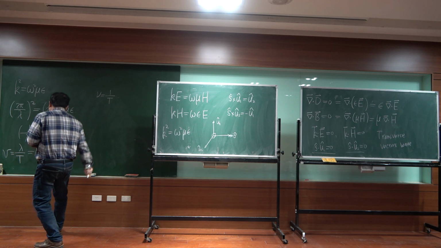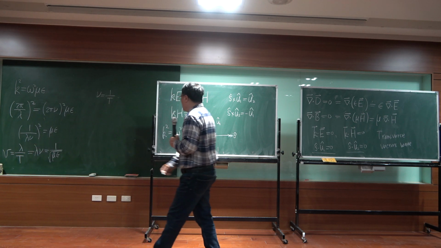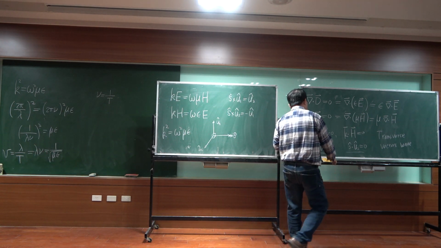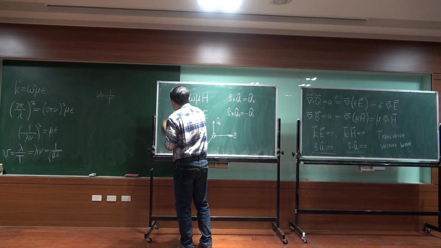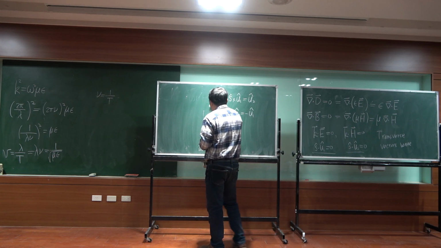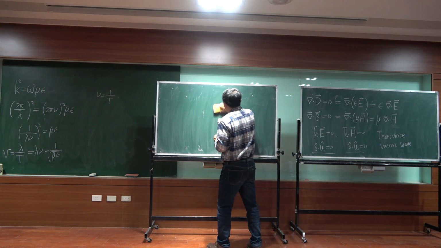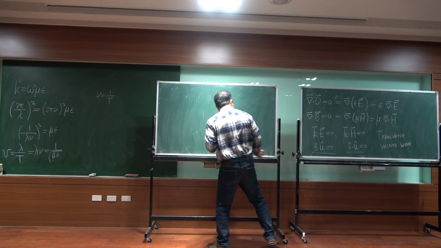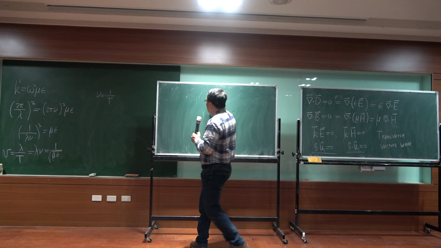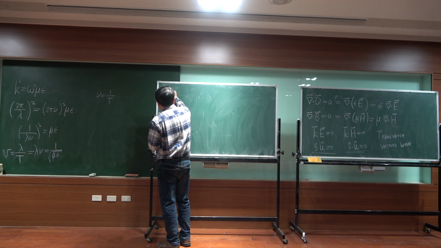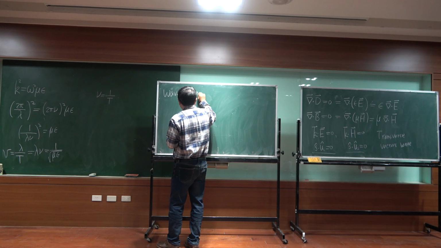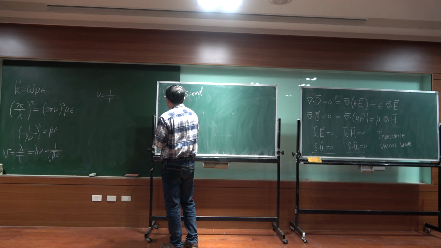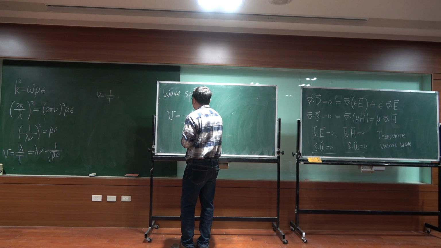Here we have a square root. So according to this result, we know that the wave speed v is equal to 1 over square root mu epsilon.